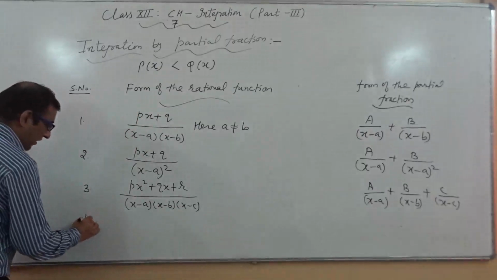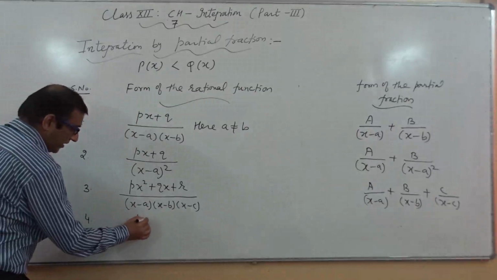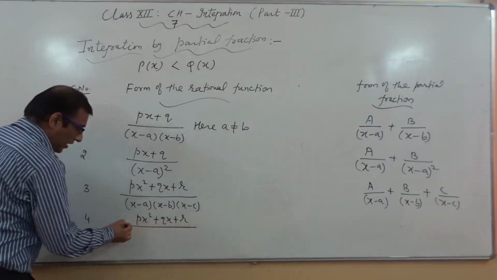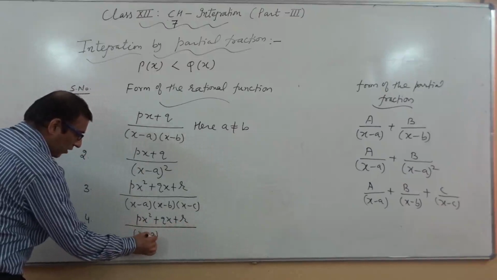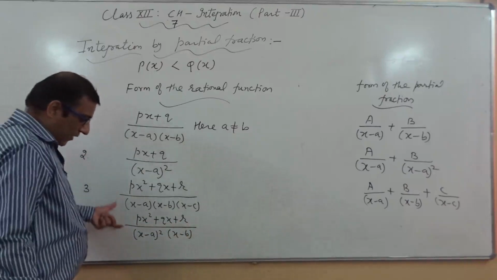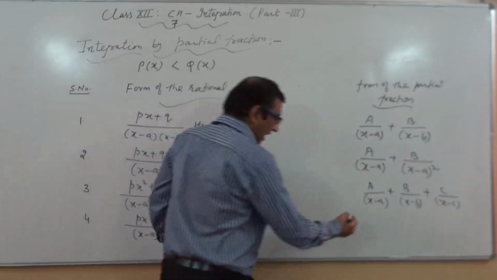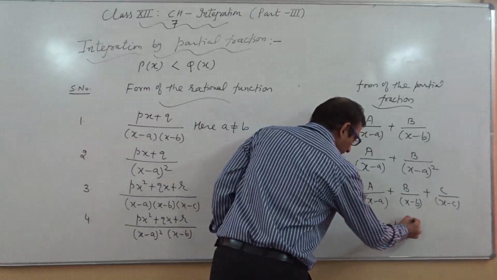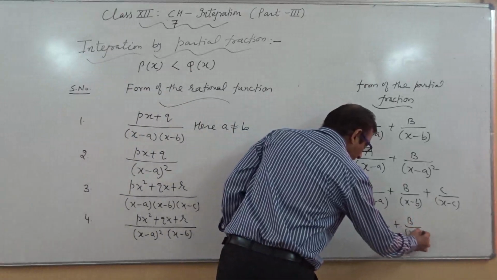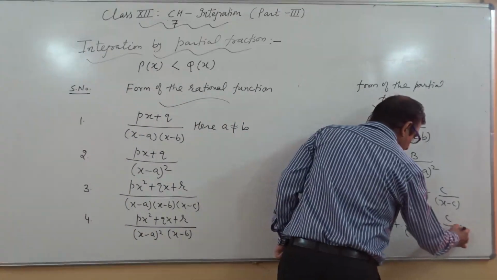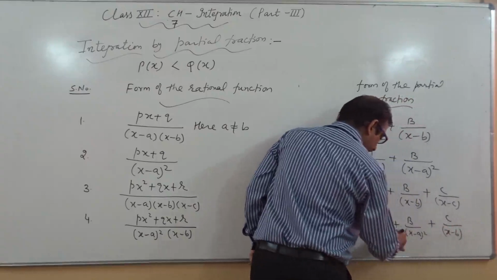After this, the fourth situation is (px square plus qx plus r) upon the whole square of (x minus a) into (x minus b). If we have this type of rational function, then it can be written as A upon (x minus a) plus B upon the whole square of (x minus a) plus C upon (x minus b).